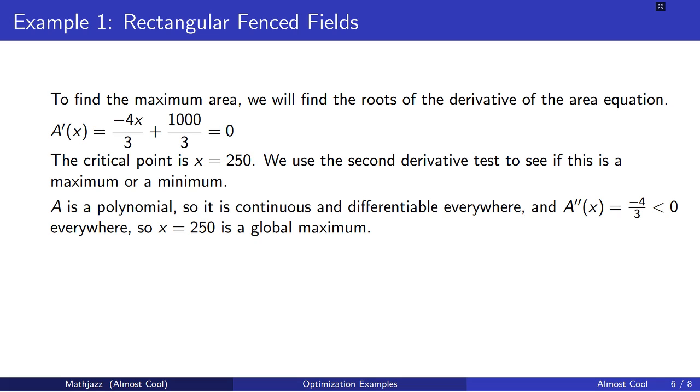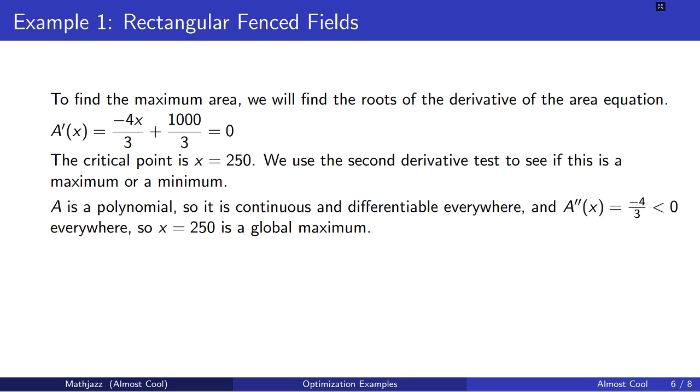If A weren't a continuous differentiable function, knowing that the second derivative is constant and negative doesn't necessarily give us a global maximum. But if a function is continuous, differentiable, and has a negative second derivative everywhere, then we know that any critical point must be a global maximum.